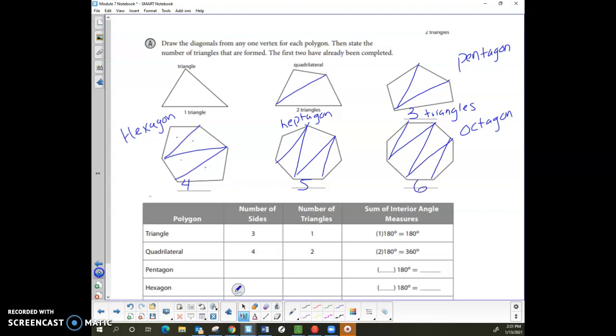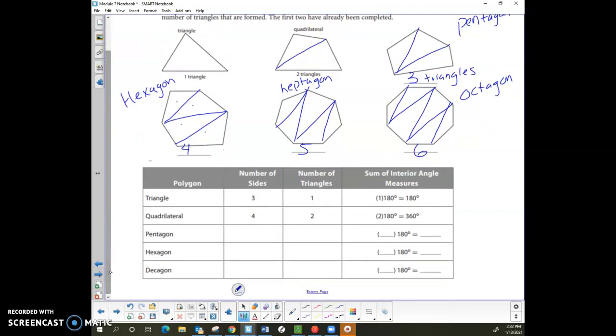All right, so all of those triangles, if we add them up together, we can figure out how many degrees the interior angles will add up to. A pentagon has 5 sides, and we said that one had 3 triangles. If we take the number of triangles times 180, because each triangle has 180 degrees, we multiply that together, we will get a total of 540 degrees.